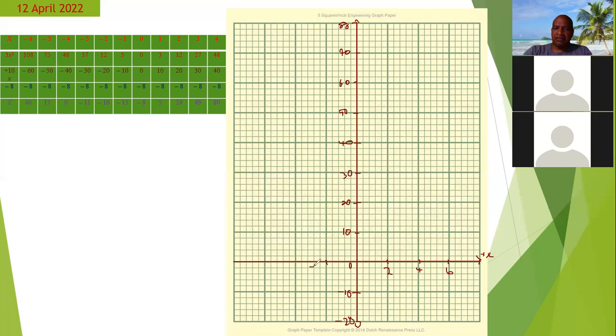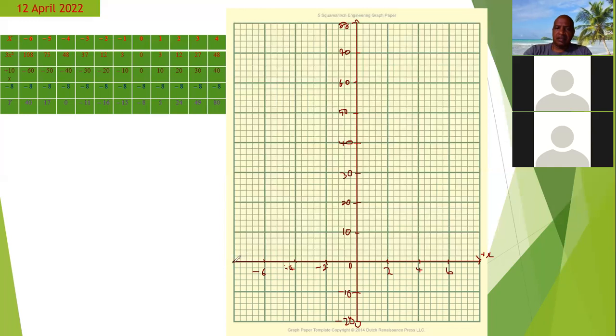On the left we're going to have negative 2, negative 4, and then negative 6.